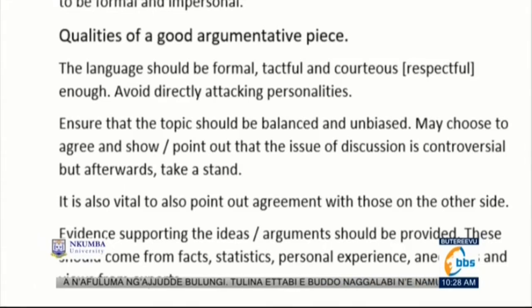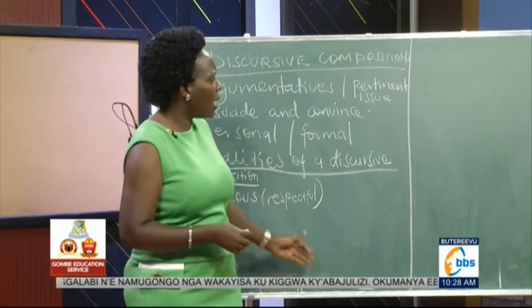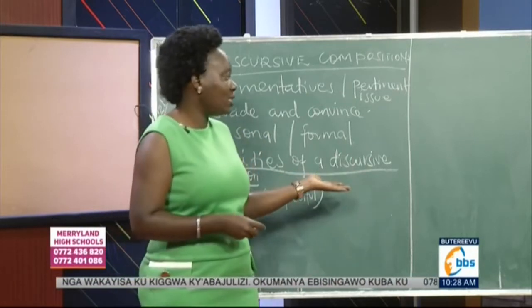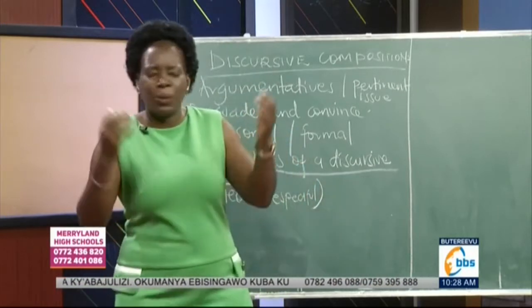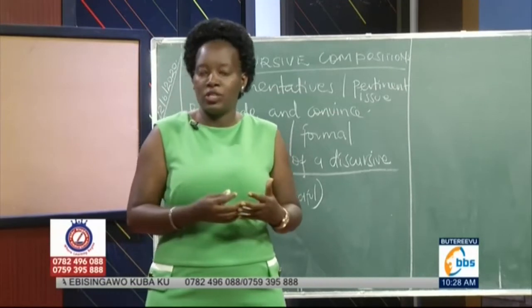So don't be so parochial and short-sighted. When I say this blackboard is black, it is black. What if I say it is green? What will you say? But no, there has never been a green blackboard. What if it is white? There are boards that are white and we write on them. So do not just be biased. Be a person who reasons and who can be a little flexible.